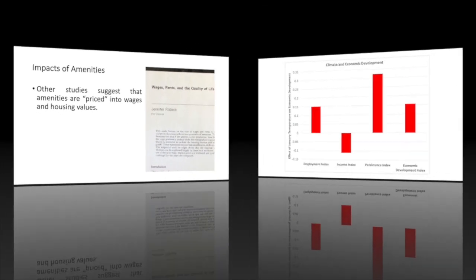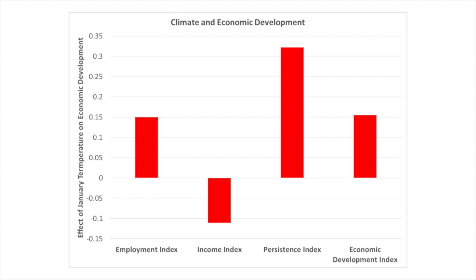as population growth. As a reminder of what we learned in the last video about climate and economic development, here's a figure that summarizes the effects of January temperature on the employment, income, and persistence indices, as well as the overall economic development index. The height of the bars represents the size of the impact in terms of standard deviations when we increase the average January low temperature by 1 standard deviation.